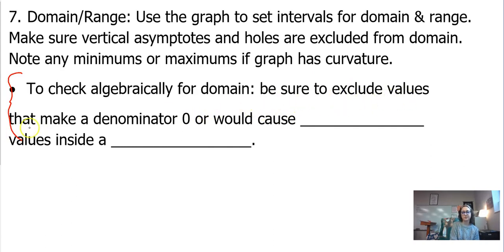So be sure to exclude x values that make the denominator 0. This is pre-factor cancel. So as soon as you factor, see, okay, is there anything that's going to make the denominator 0? Don't cancel out your domain. Okay, check your domain first. Or would cause negative values inside a square root. Right, those are the two things we need to watch out for.